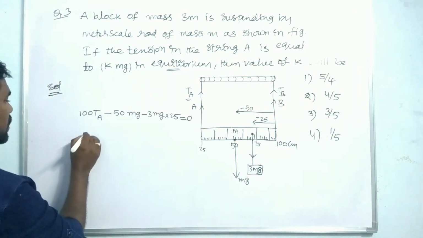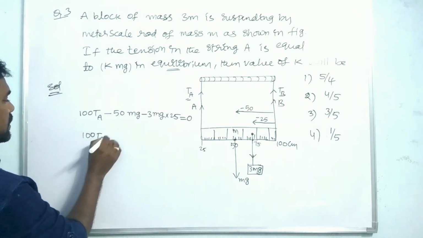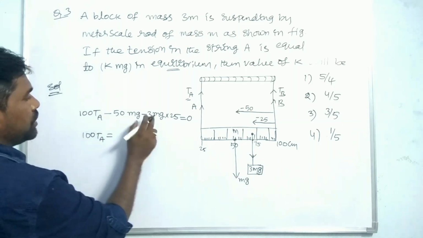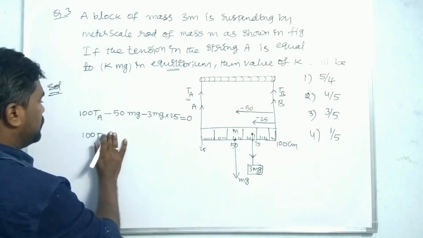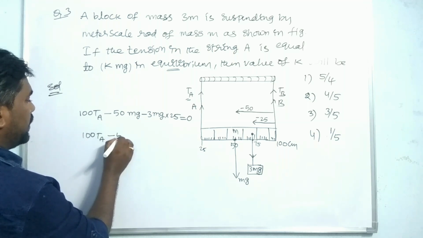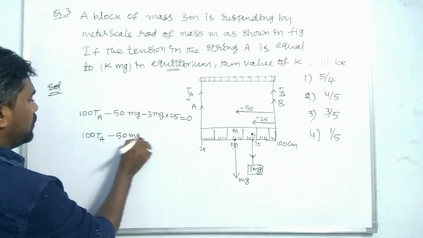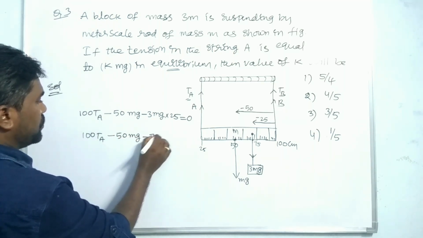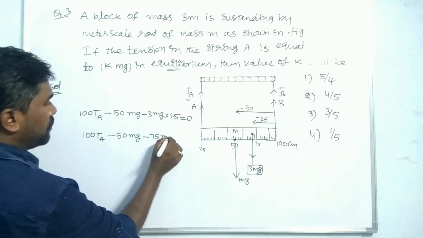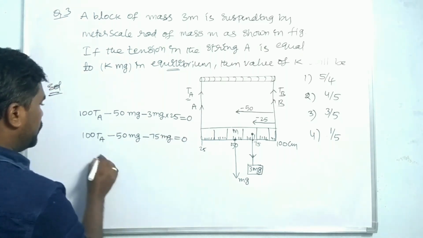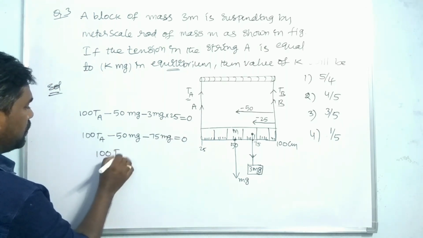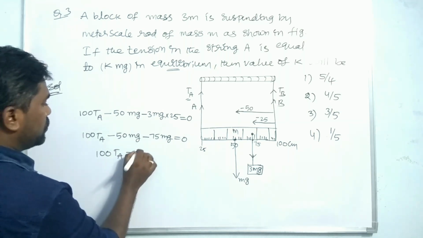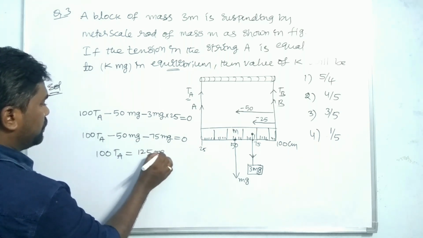So let us solve here. 100 into TA minus 50 mg minus 75 mg is equal to 0, since 3 25s are 75 into mg. 100 TA is equal to 125 mg.